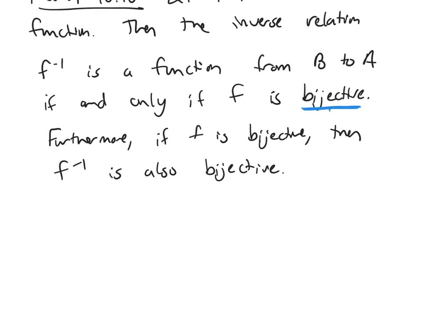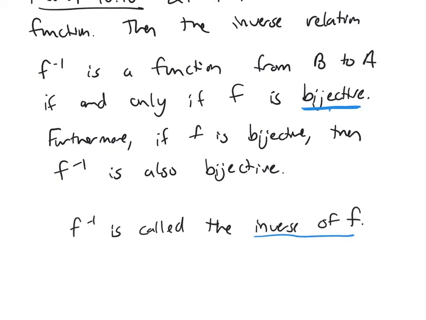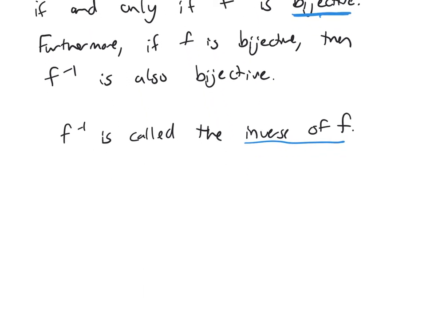So in this case, we would call f inverse the inverse of f, or we just call it the inverse function. So let's look now at this inverse function. So remember, f goes from A to B, and now f inverse, if f is bijective, is going to go from B to A.